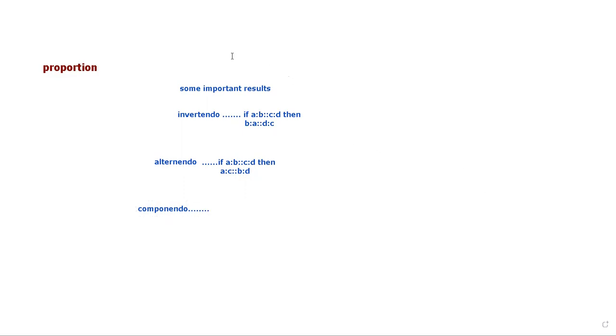For example, if we have given any ratio, any proportion, a is to b, proportion c is to d, then we can also write it as (a plus b) ratio b, proportion, and in this bracket we will write (c plus d), and here I will write ratio d.